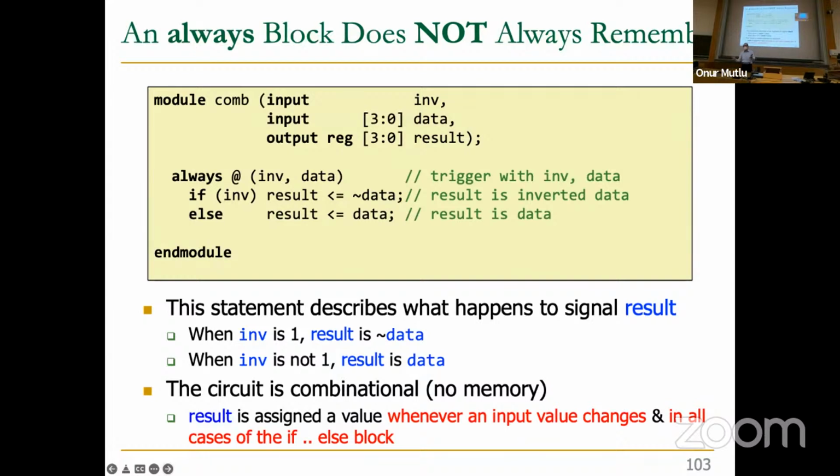Okay, so it's kind of odd in the sense that this always block remembers when you omit something, right? But when you don't omit something, it doesn't remember. That's the key distinction. And I've already summarized what it means to not omit something: whenever any input value changes, all outputs are assigned a value, in all cases of if and else statements, if you have if and else statements in the always block.